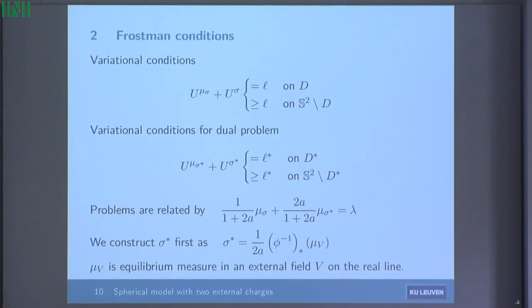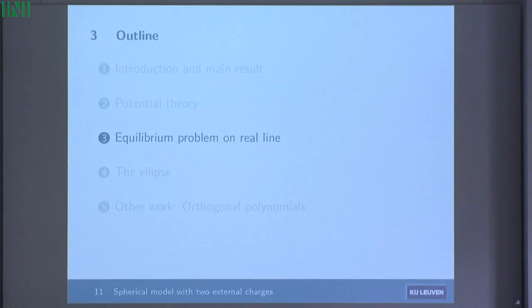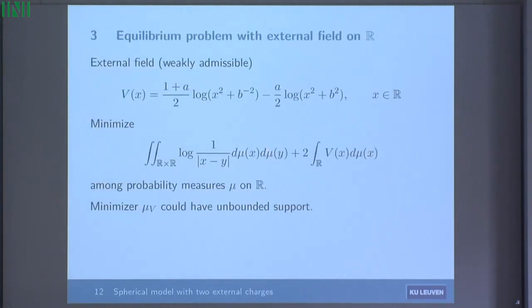So we're going to look at this external field, but now on the real line. You may wonder, where does this come from? We played with it, of course, and for now I just pose this V, and we will see how it connects to the problem on the sphere. This is a function on the real line, x is on the real line.